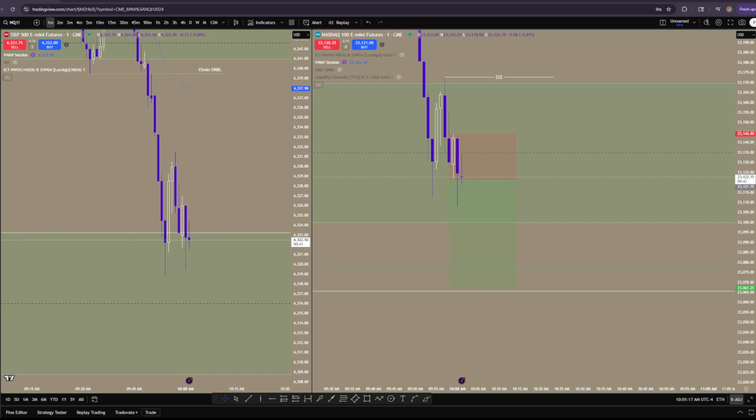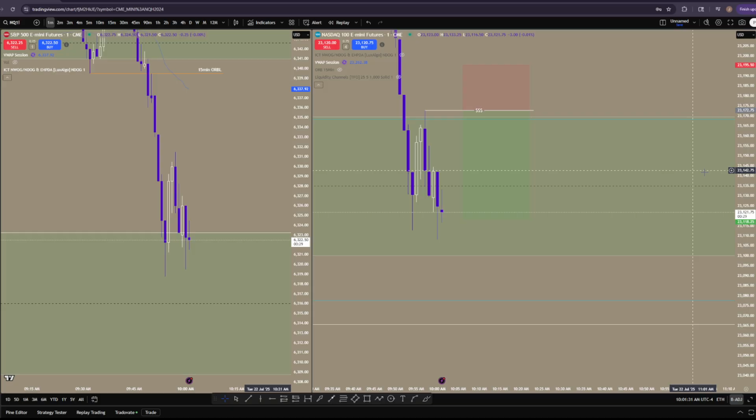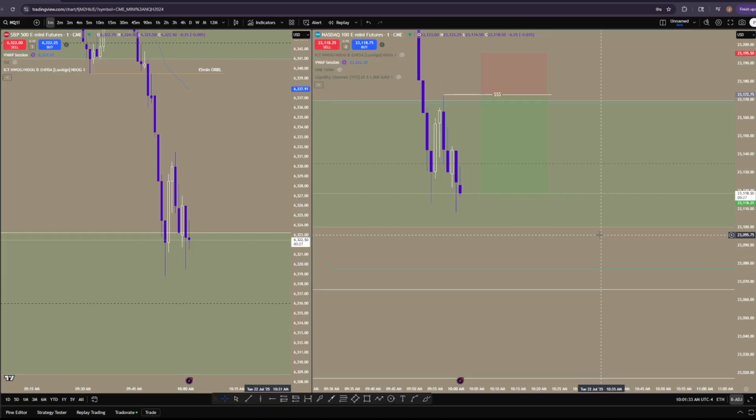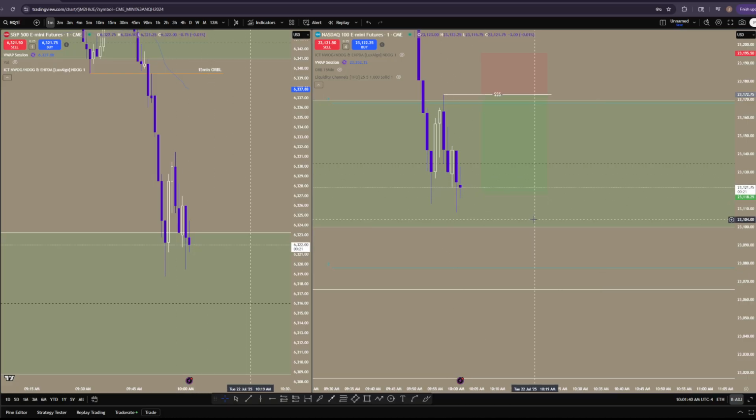But obviously, you can see how much these sellers are taking control, how much these sellers want to push this one down. We just don't want to get trapped down here trying to short at the very bottom. Sometimes it's going to mean you do miss out on a trade, but I would rather wait for a pullback and a more valid level to get in than try to chase down here. Especially when our TP, that would be like a negative RR trade, right?